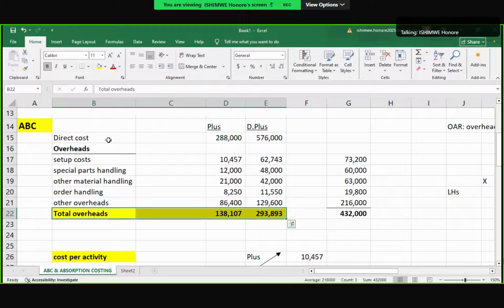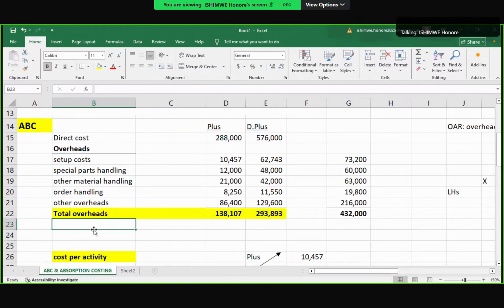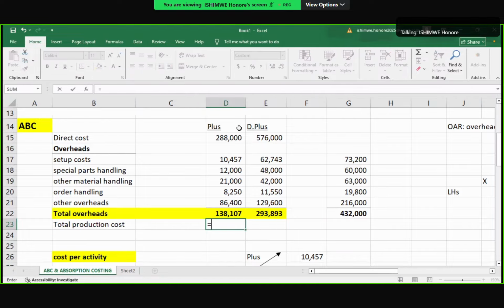All right. You see this direct cost and total overheads we have now, so we can determine the total production cost, which is equal to this 288,000 plus 138,107. So it gives us this. So this is the same story here.